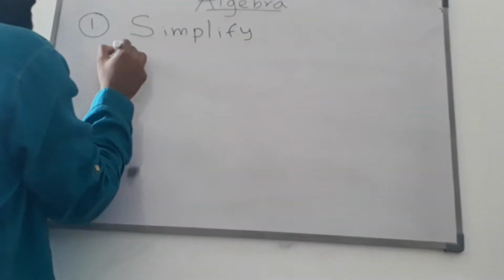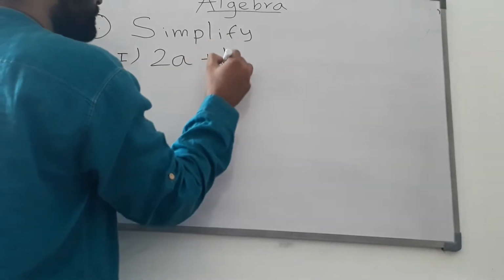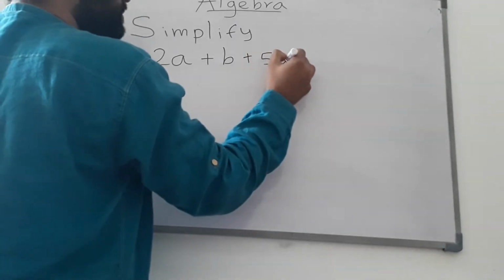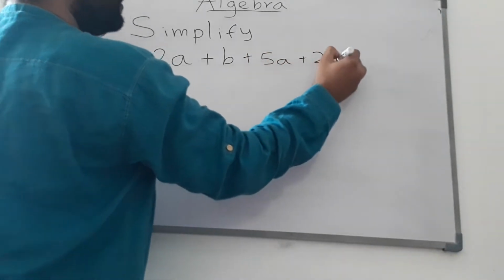Under first question, first part is 2a plus b plus 5a plus 2.